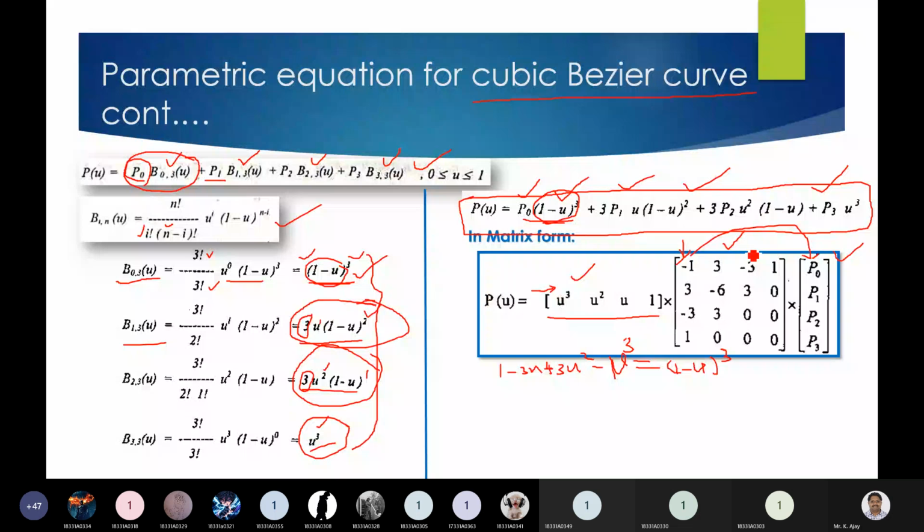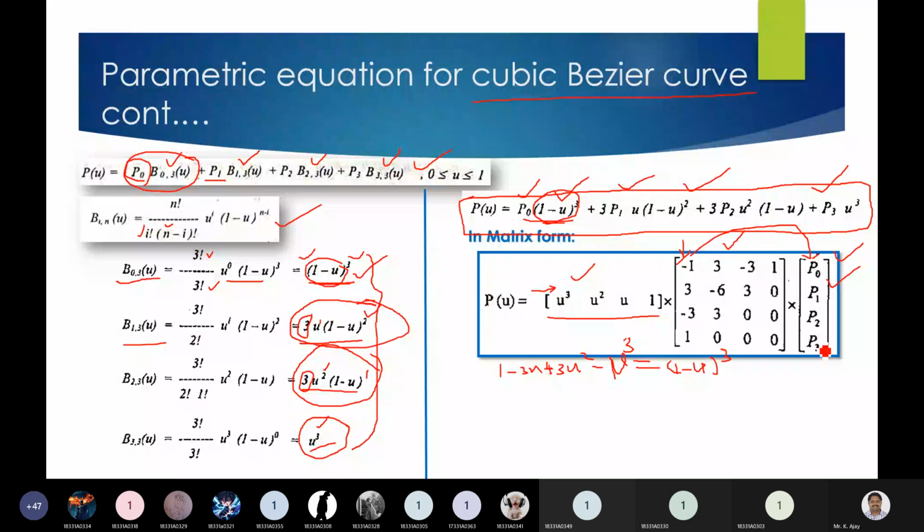Why? Because all these P0, P1, P2, P3 are the input parameters which I am supplying as a geometry to the generation of the Bezier curve. So I am able to separate all these various values successfully. That's the reason it would be easy for me to solve the problem in the matrix form.